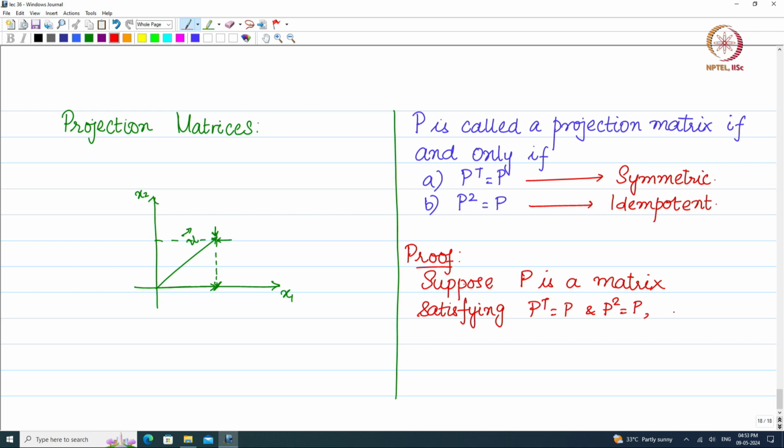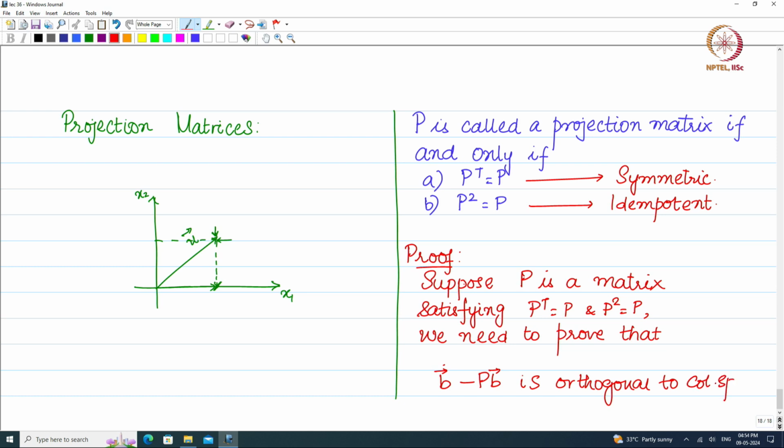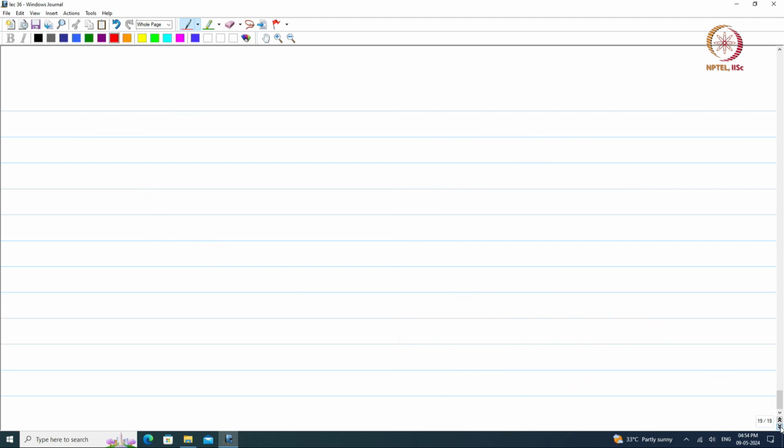So if this is the case, what do we need to prove? We need to prove that B minus the projection of any vector B, that is B minus PB, is orthogonal to the column space of P for all B. That is what we need to prove.